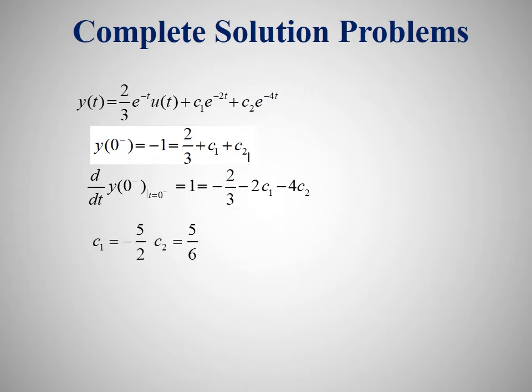Thus, the values of c1 and c2 on solving these two simultaneous equations are obtained as c1 is equal to minus 5 by 2 and c2 is equal to 5 by 6. Thus, the complete solution for this particular problem is y of t is equal to 2 by 3 e power minus t minus 5 by 2 e power minus 2t plus 5 by 6 e power minus 4t.